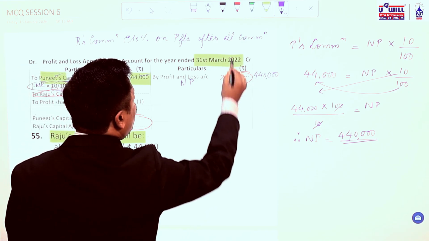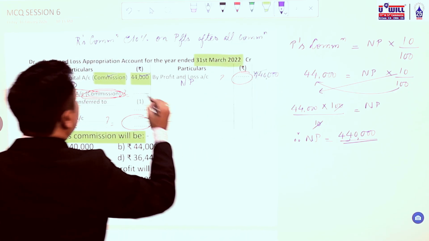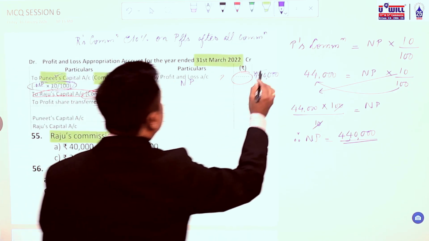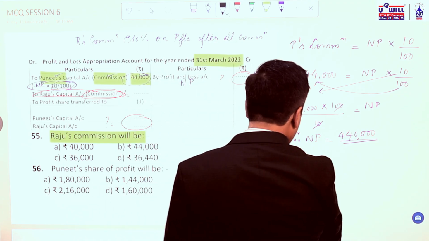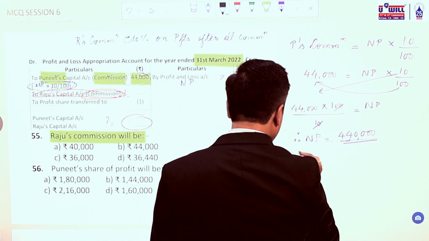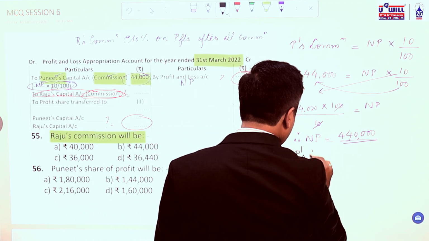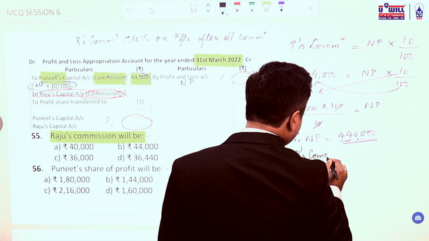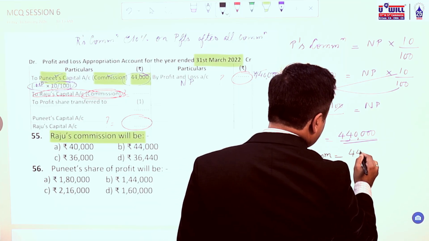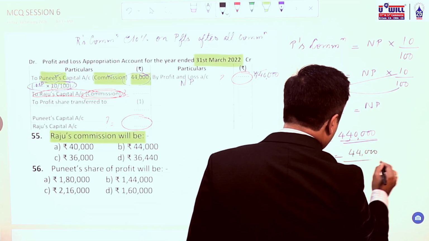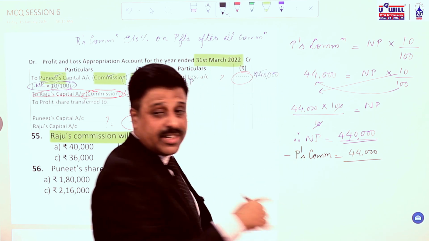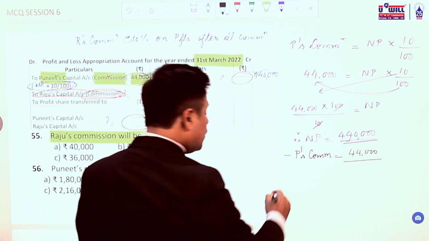Now from this 4,40,000, if you subtract Puneet's commission of 44,000, what is the amount of profit that will remain after Puneet's commission but before Raju's commission?